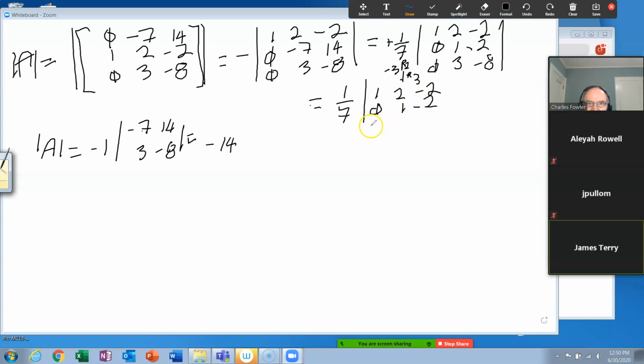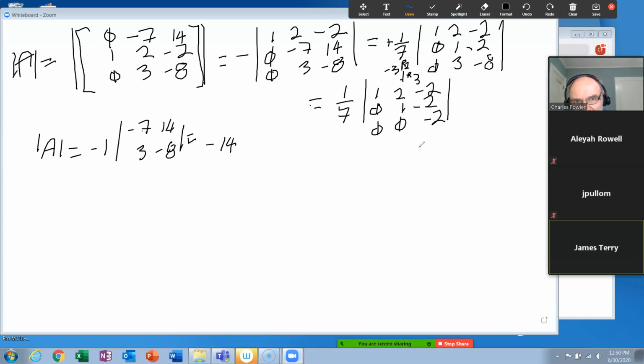And then this row now becomes 0, 0, -2. I did something backwards here.